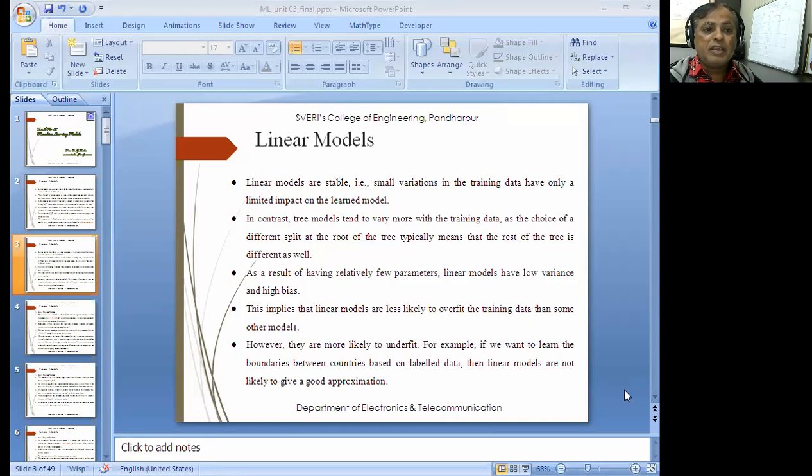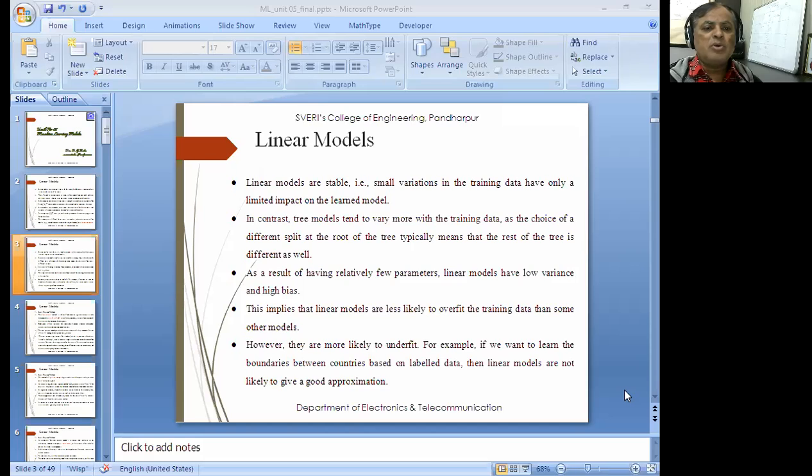So we have to take care that linear models are very stable. If small variations affect your model, then we cannot say it is a linear model. The effect and the impact on the learned model have to be limited.